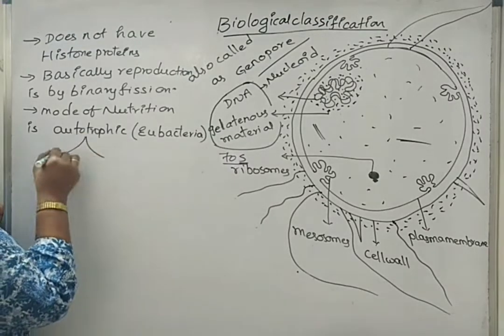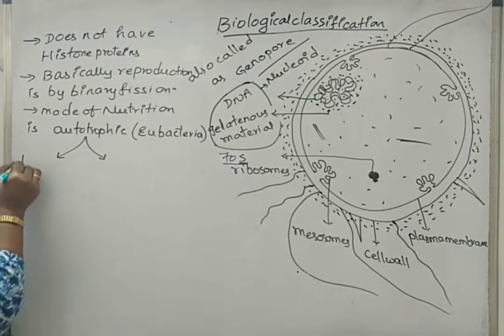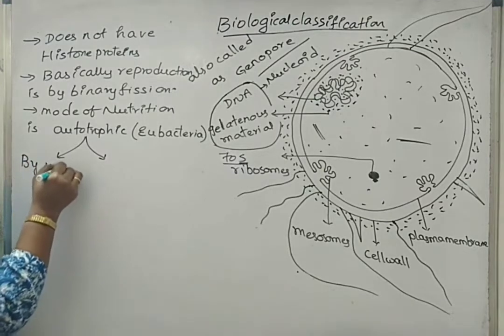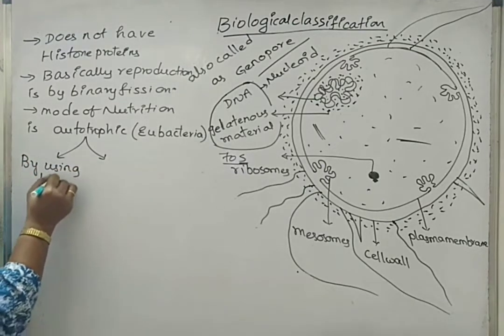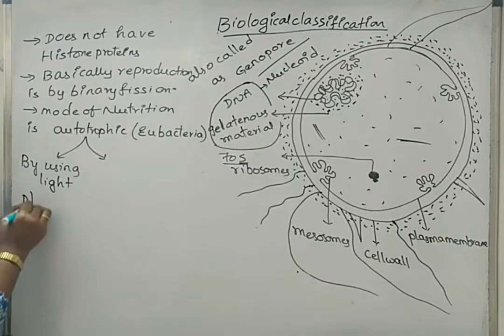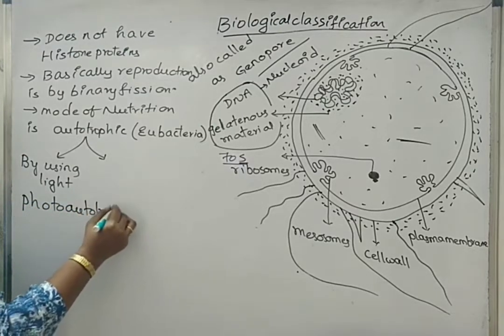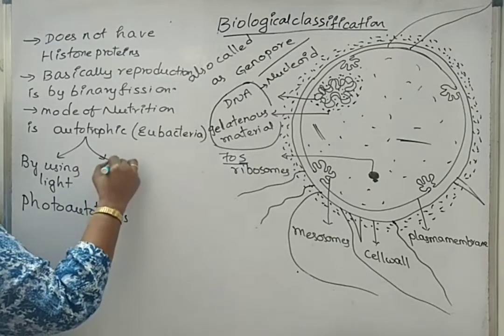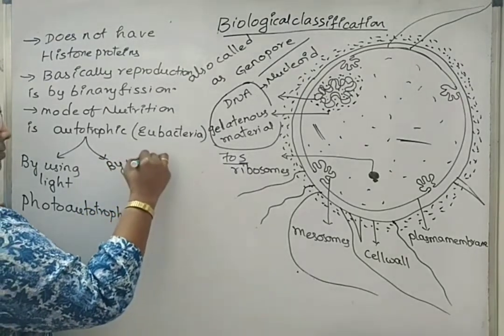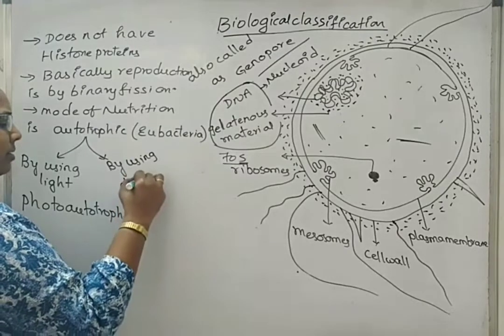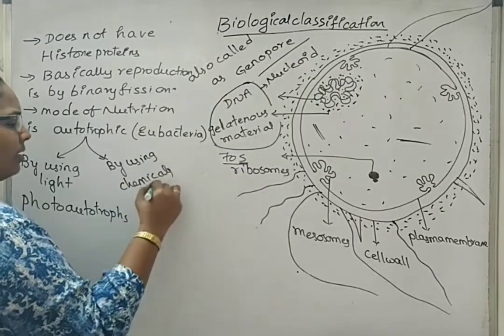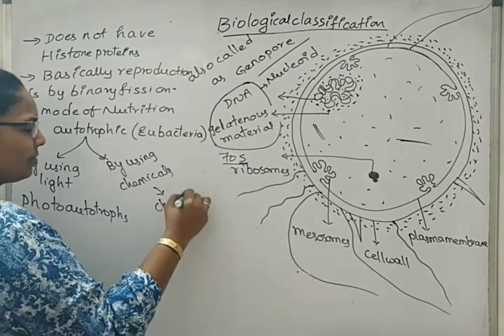Here under autotrophs we have two types. By using light are photoautotrophs. By using chemicals are chemoautotrophs.